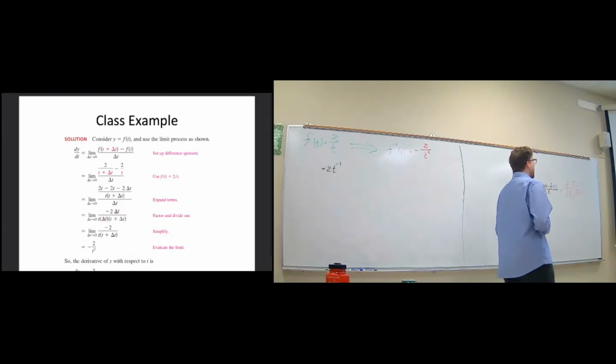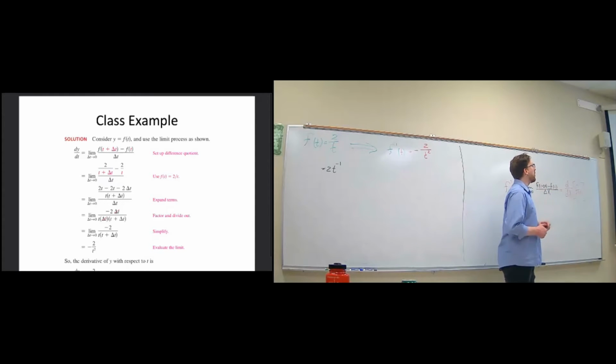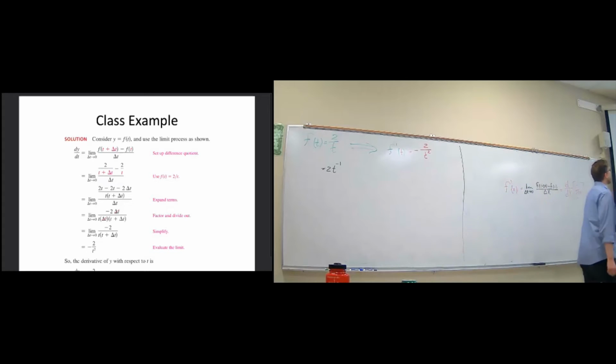Well, if we look at our numerator, these things do not share the same denominator, right? So we have to rewrite the fractions in our numerator. The easiest way would be to multiply this term by t over t, right? And then this term by t plus delta t over t plus delta t.